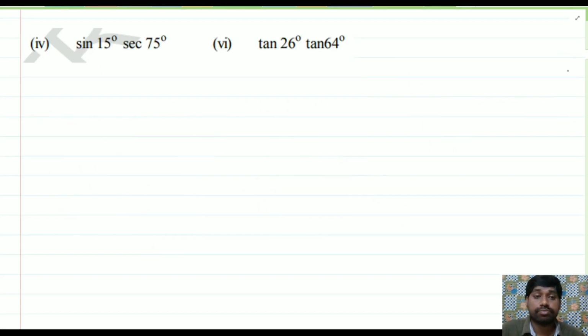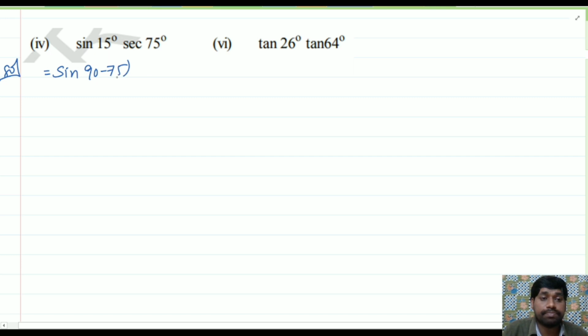Let us try to solve one more question given here: sine 15 and secant 75, they are in multiplication. Again, one function you have to change and the other leave as it is. Here we go with the sine change. Sine 15 can be written as sine 90 minus 75, times secant 75.